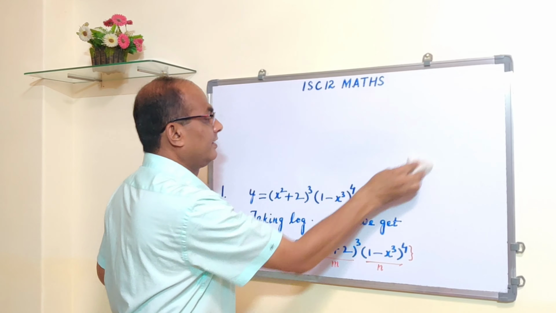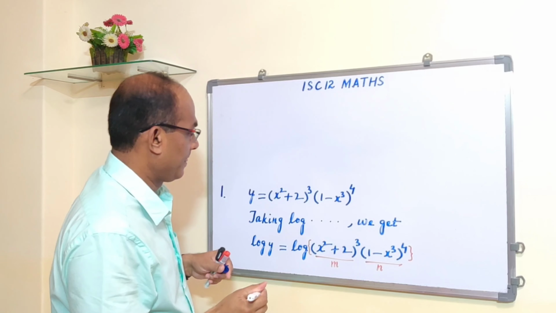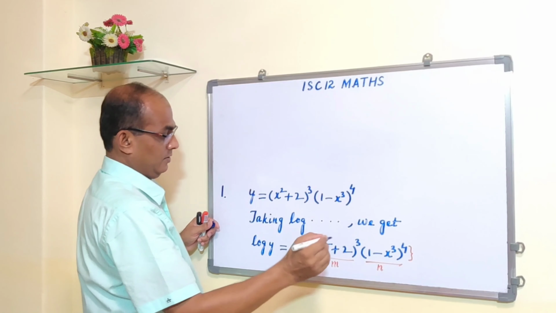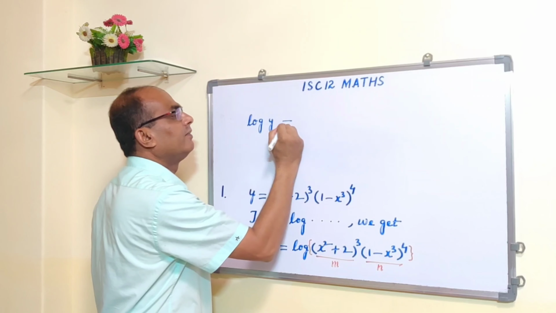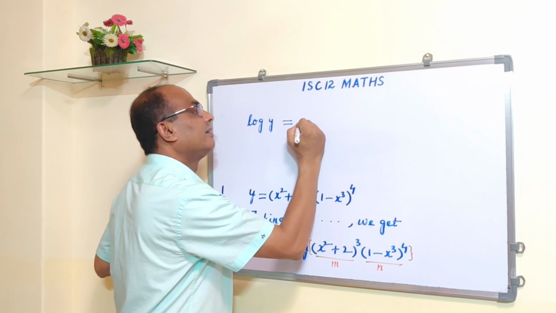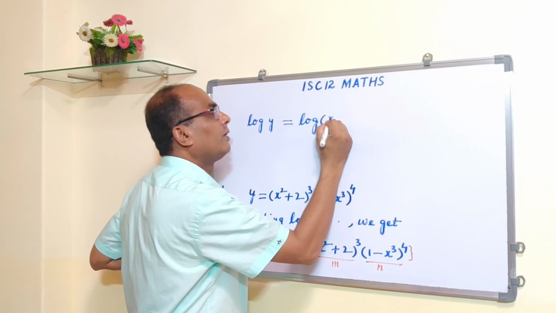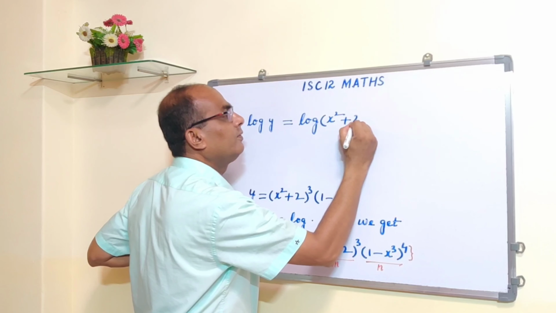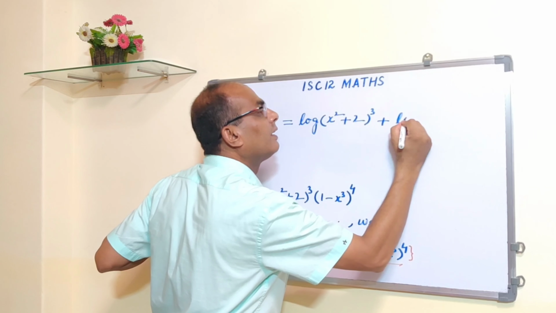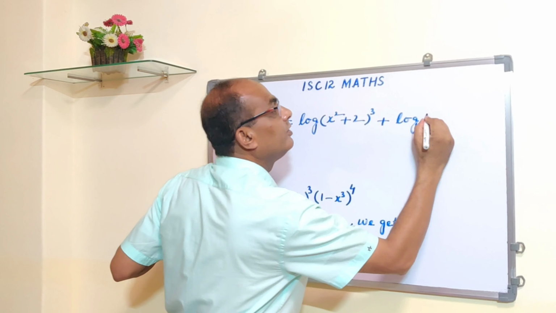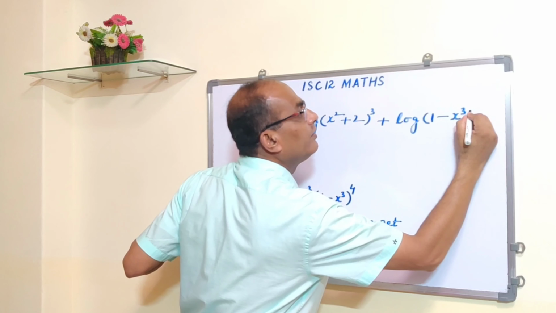We can write down this. So log y is equal to log m plus log n: log (x square plus 2) whole raised to the power 3, and then plus log (1 minus x cube) whole raised to the power 4.